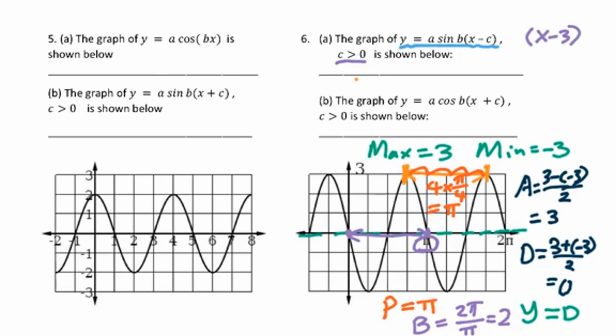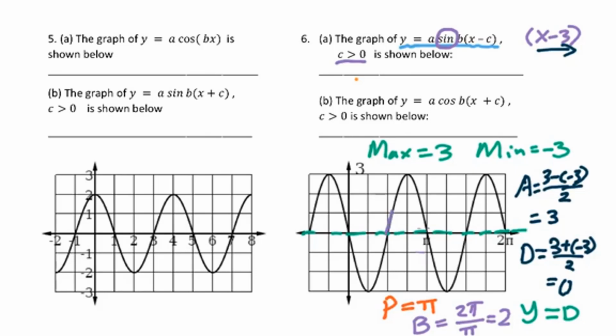Inside is a liar. That's why you move to the right side, which means your starting point is on the right side of the y-axis. You need to draw the sine x pattern on the right side of the y-axis.